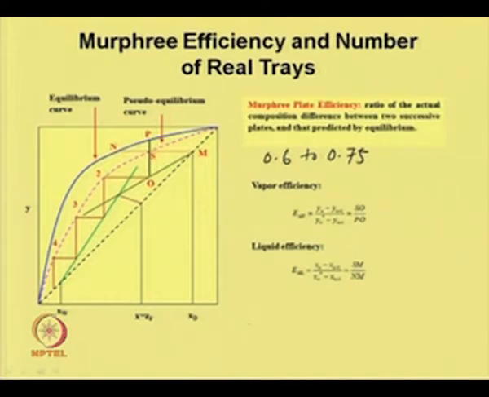We can write Y effective equal to Y plus EMV multiplied by Y equilibrium of n minus Y. Here Y is nothing but the operating line.